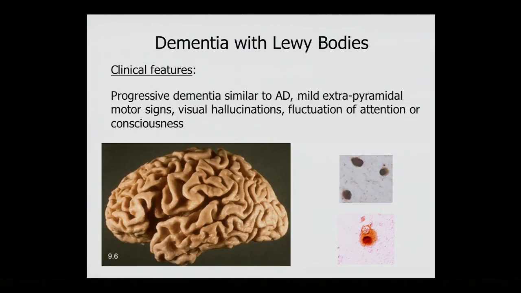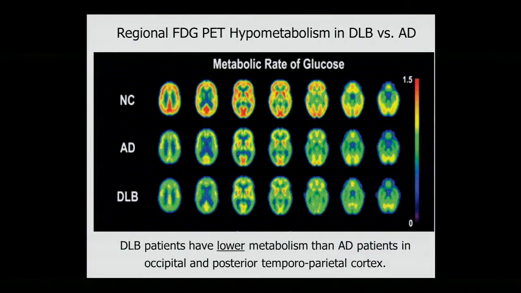Also, visual hallucinations are prominent in dementia with Lewy bodies, and they have fluctuation in attention or consciousness. One interesting thing in the comparison of dementia with Lewy bodies to Alzheimer's disease is that patients with Lewy bodies tend to have a greater amount of hypometabolism in these posterior brain regions involved in vision and visual processing.